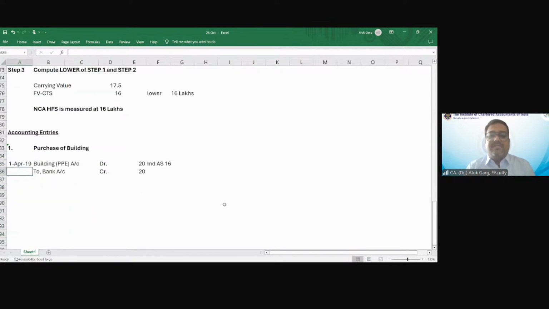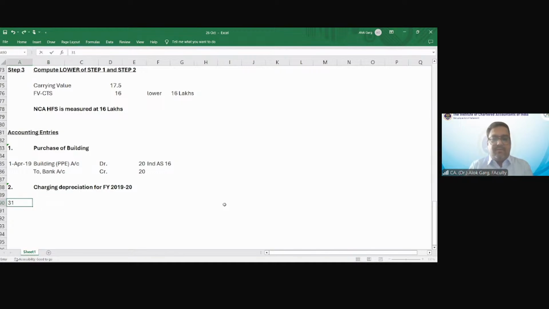Next entry. What is the next entry? Year-end entry. Depreciation. Very good. Charging depreciation for FY 19-20. What is the accounting entry for depreciation?